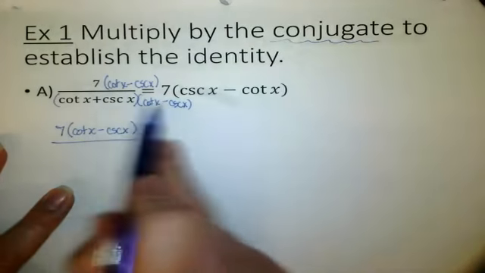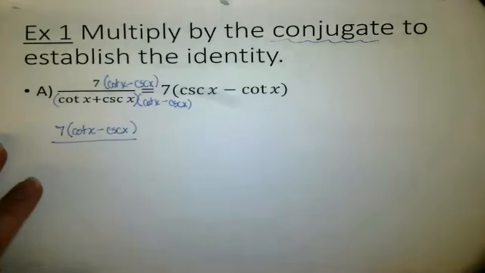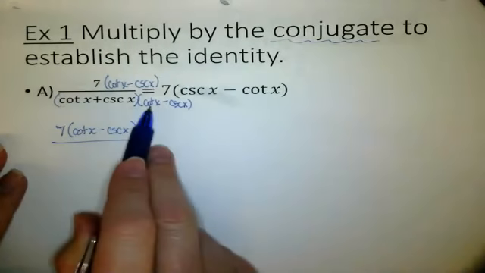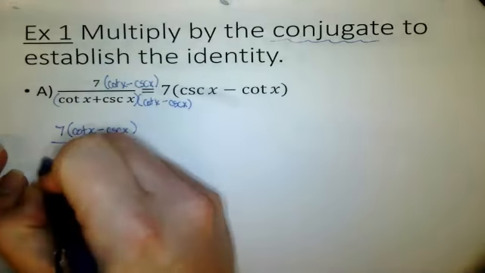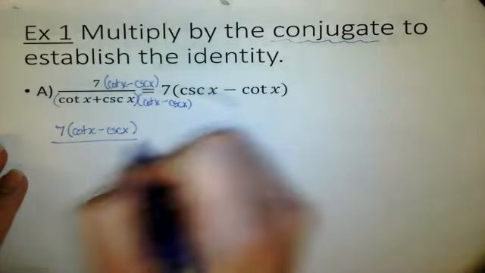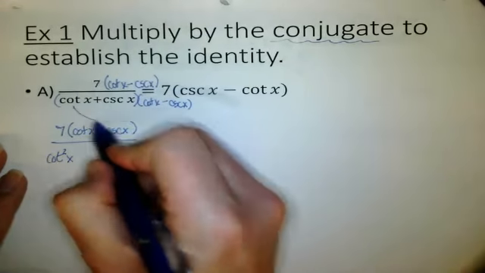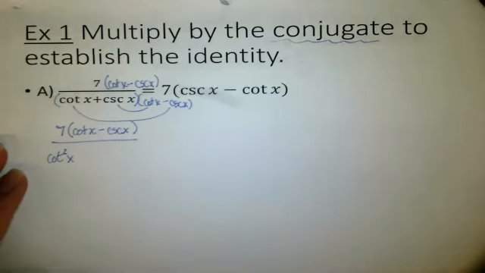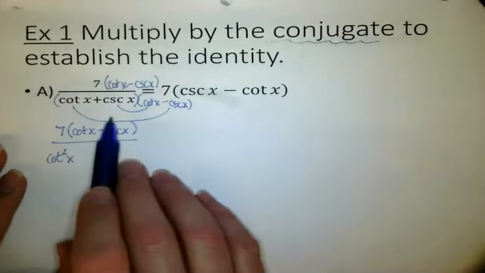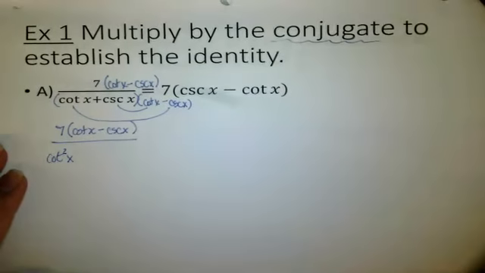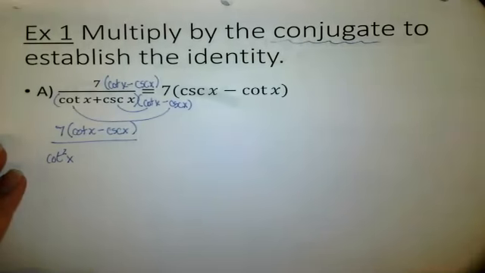And then let's see what happens when we multiply on the denominator. Cotangent times cotangent is cotangent squared of x. What happens with the outside and the inside? They cancel out. Negative cosecant cotangent and positive cosecant cotangent, negative and positive, 0.